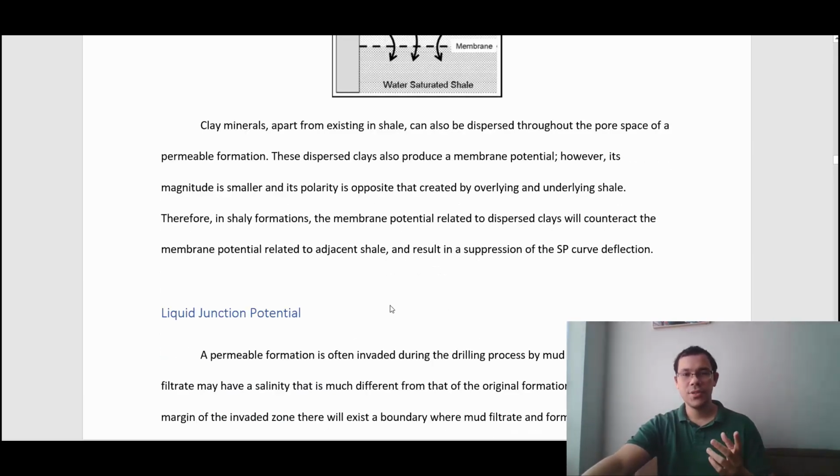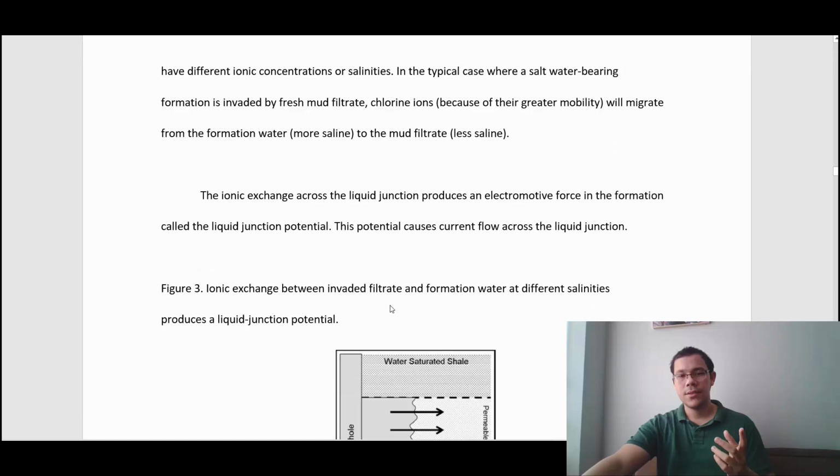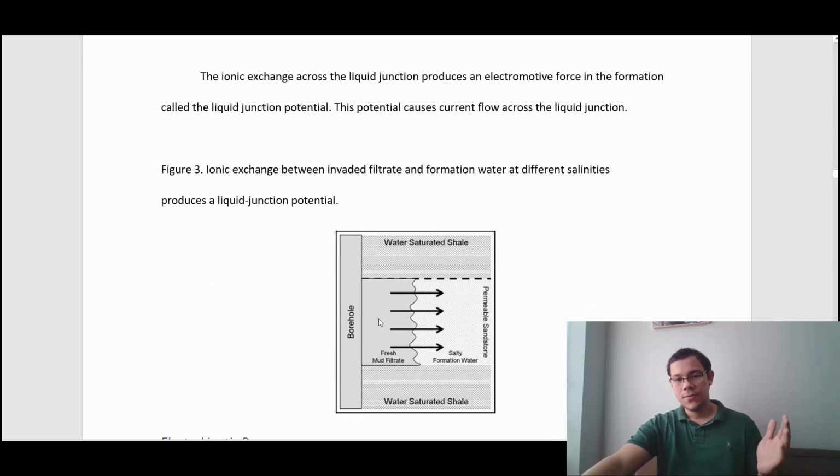And the liquid junction refers to the fact that during invasion, the mud filtrate enters there, and there is also an ion exchange between the different fluids that are now getting in contact.